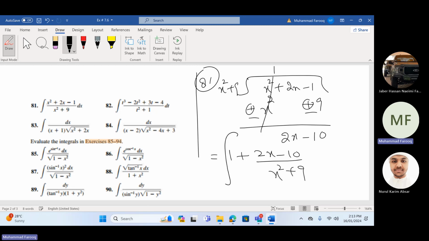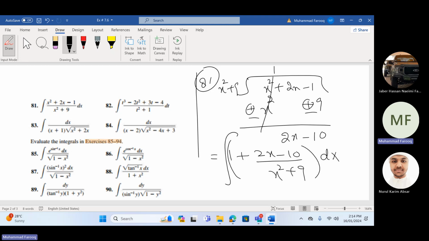Now, this is question number 81, so you need its integration. The integral of 1 is x. And here you will use the rule with a squared, constant squared plus function squared: tan inverse.